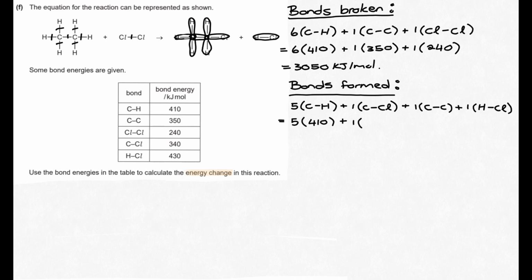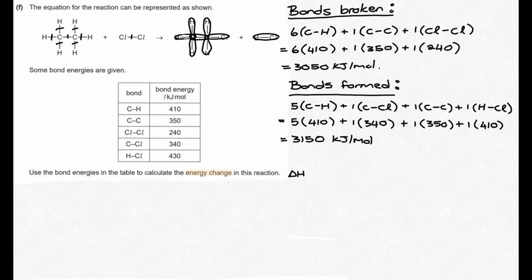My carbon-chlorine bond has a value of 340 kilojoules per mole. My carbon-carbon bond will have 350 kilojoules per mole, and my hydrogen-chlorine bond would have 430 kilojoules per mole. So when I add all of this up, I would get a total of 3,150 kilojoules per mole of energy that is released when these bonds are formed.